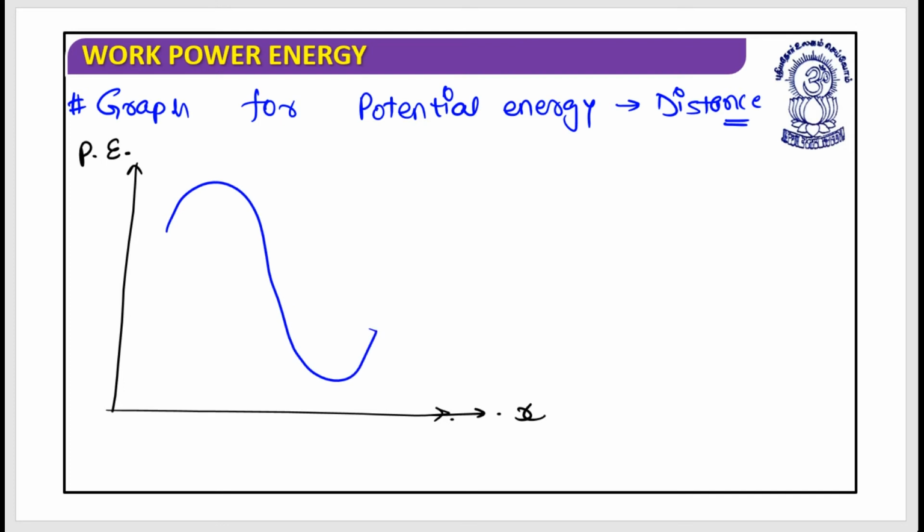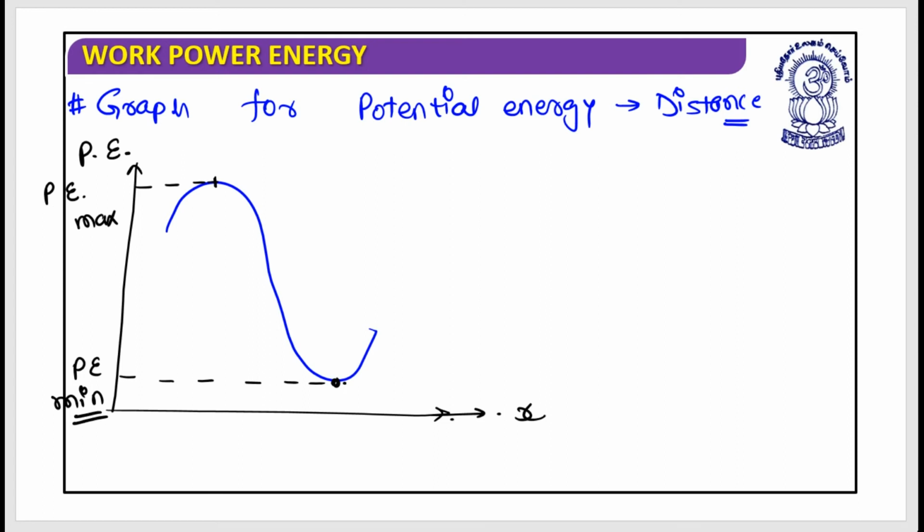So if you observe this logically, this is the position where potential energy is maximum. And this is the position where potential energy is minimum. So these two locations are there.